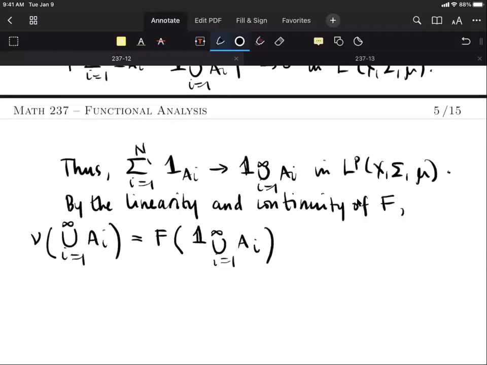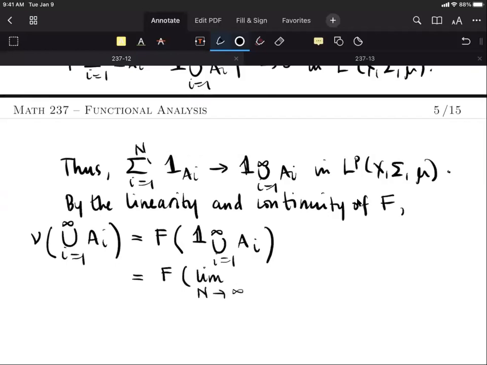This is the same as F of this limit. Of course, the limit is taken in L^p. So here the limit is in L^p.